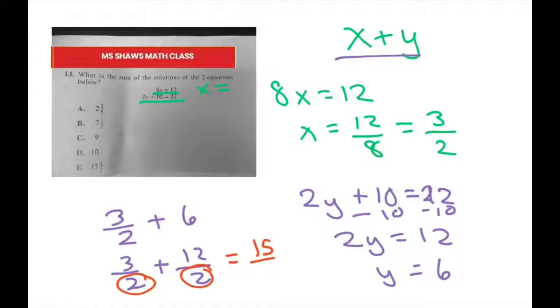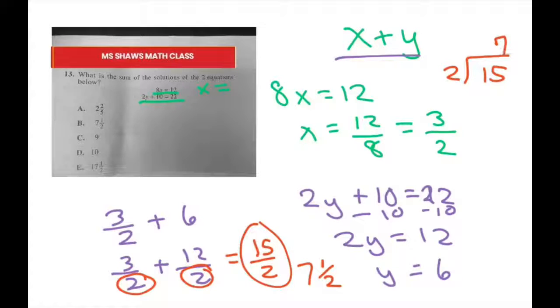That would be 15 over 2. 2 goes into 15 7 times with 1 left over. So that's 7 and 1 half. Remember, you're just dividing out. So 7 is 14, minus 1. It's your remainder over your divisor. So the answer is B.